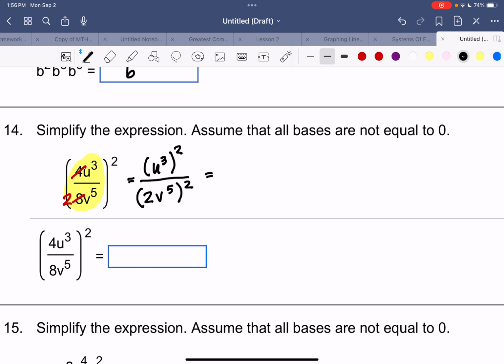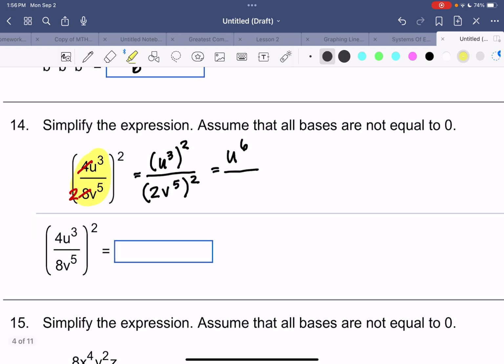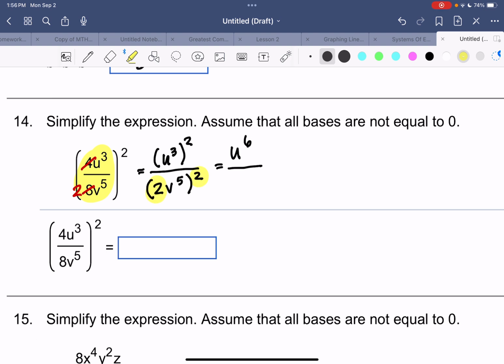So power to a power, I multiply: u to the 6th, and in the denominator, I have to raise this 2 to the 2 and the v to the 5th to the 2. So that's going to be 4v to the 10th. Now, u's and v's won't reduce, so it's u to the 6th over 4v to the 10th.